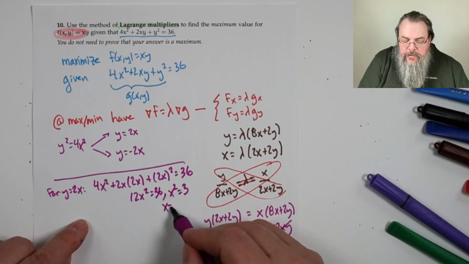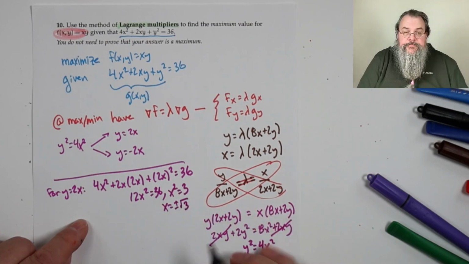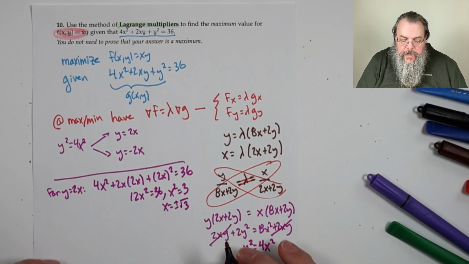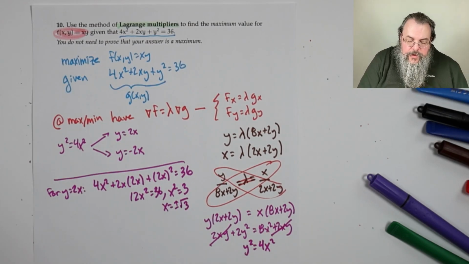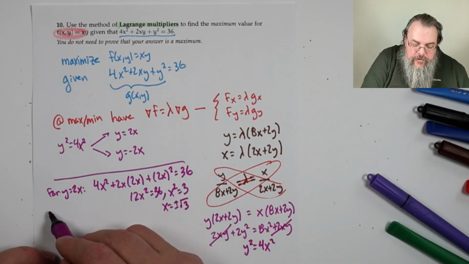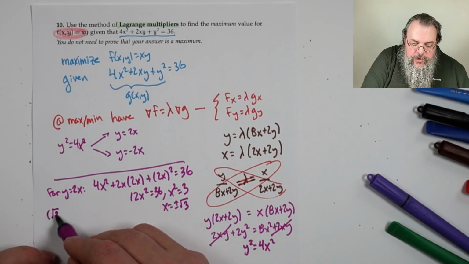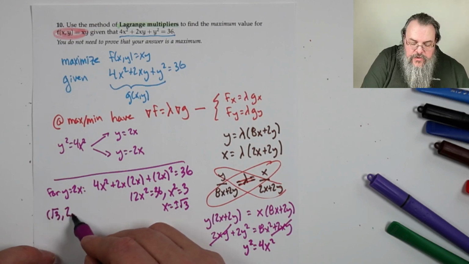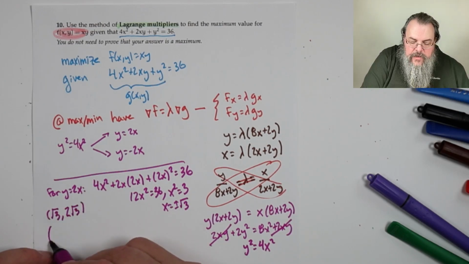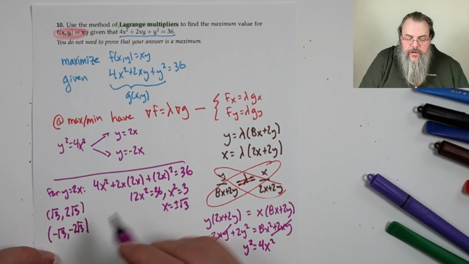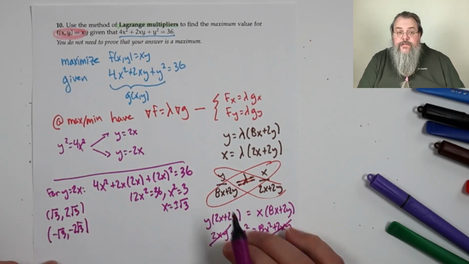So x equals plus or minus square root of 3. And what does that give us? That gives us the following points: square root of 3, comma, 2 square root of 3, and minus square root of 3, comma, minus 2 square root of 3, because y is twice x.